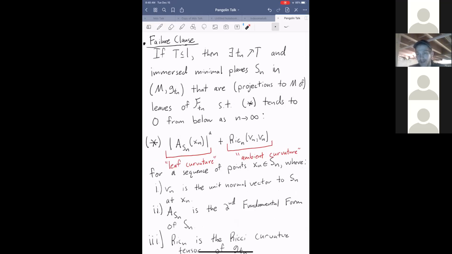In higher dimension and codimension it's maybe a more complicated expression that you would write down, but it's basically of the form that the leaf curvatures have to be bounded above by the ambient curvatures. And as long as you have that, you should be in good shape. Okay.